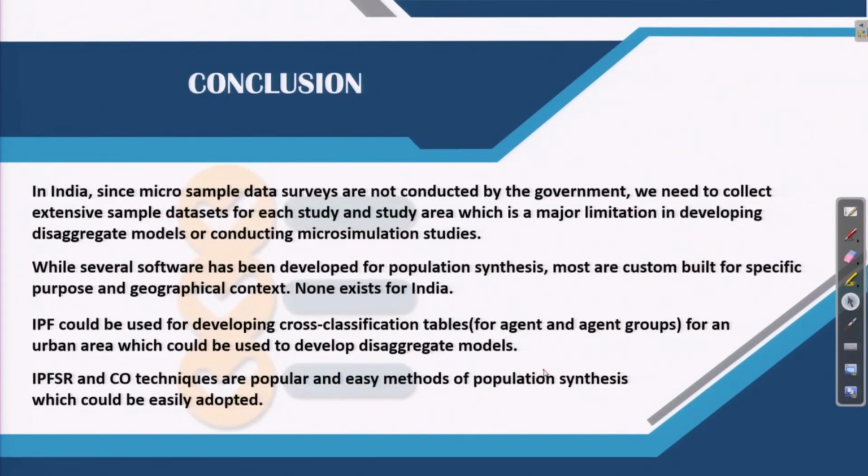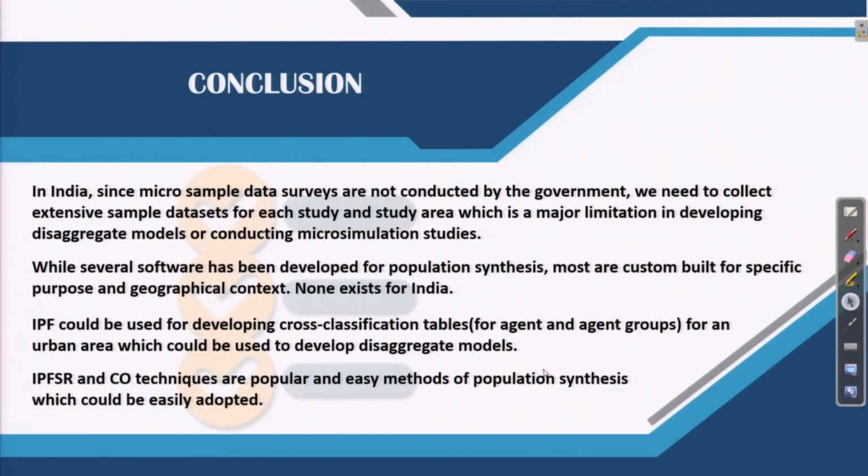So to conclude, we can say that in India, since microsample data surveys are not conducted by the government, we need to collect extensive sample data sets for each study area, which is a major limitation in developing disaggregate models or conducting microsimulation studies.